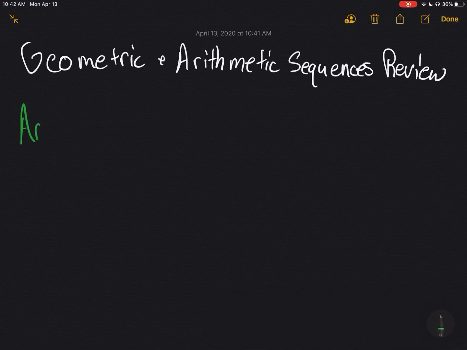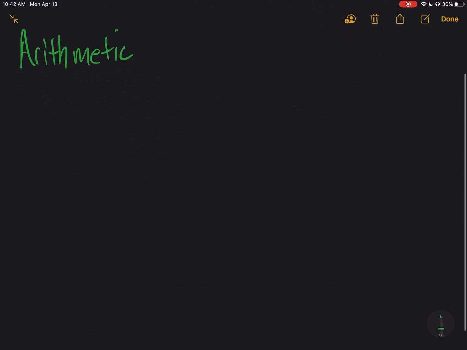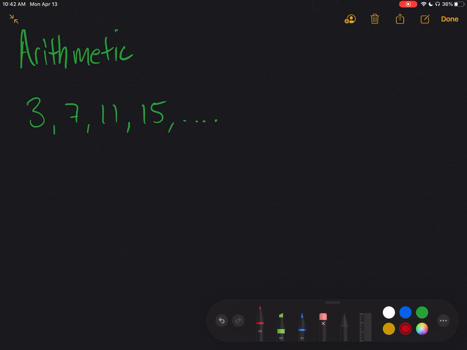So arithmetic is where we are adding to get from one term to the next. So the example that we'll use is 3, 7, 11, 15, so on and so forth, right? So to get from 3 to 7, we add 4.